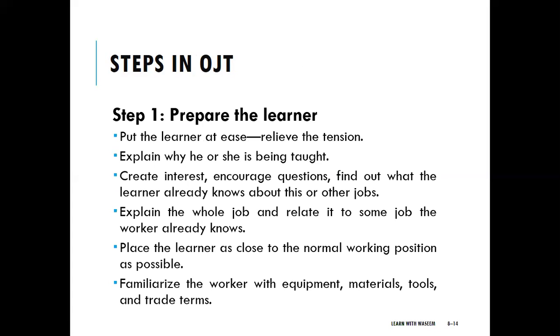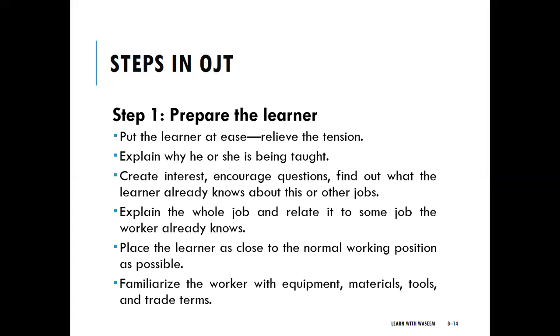There are some steps in on-the-job training. The first step is to prepare the learner. Put the learner at ease, explain why he or she is being taught, create an interest, and find out what the learner already knows about the job.